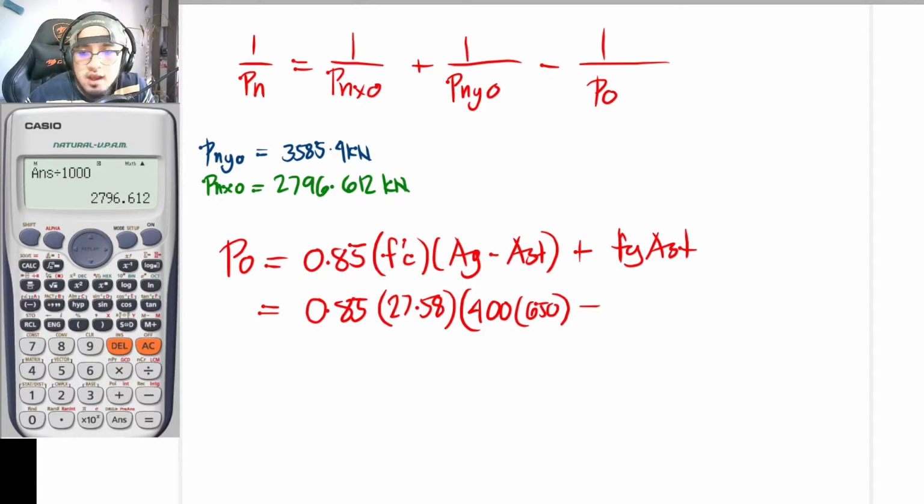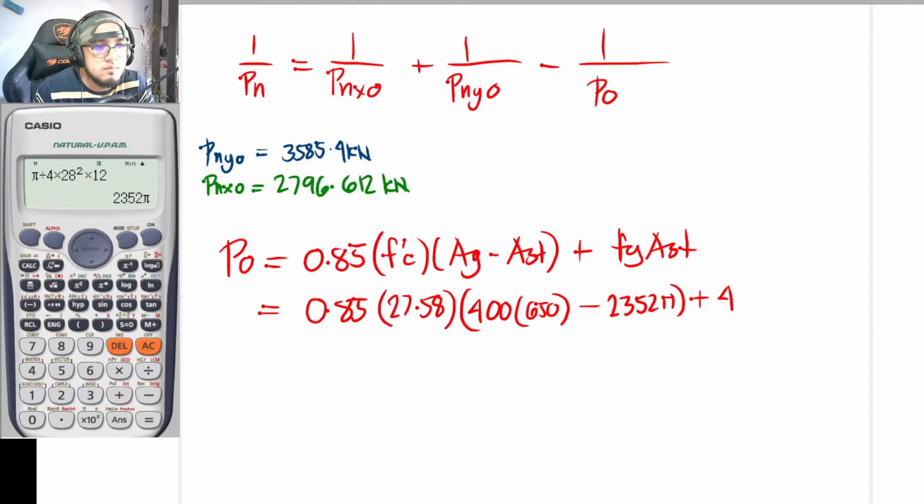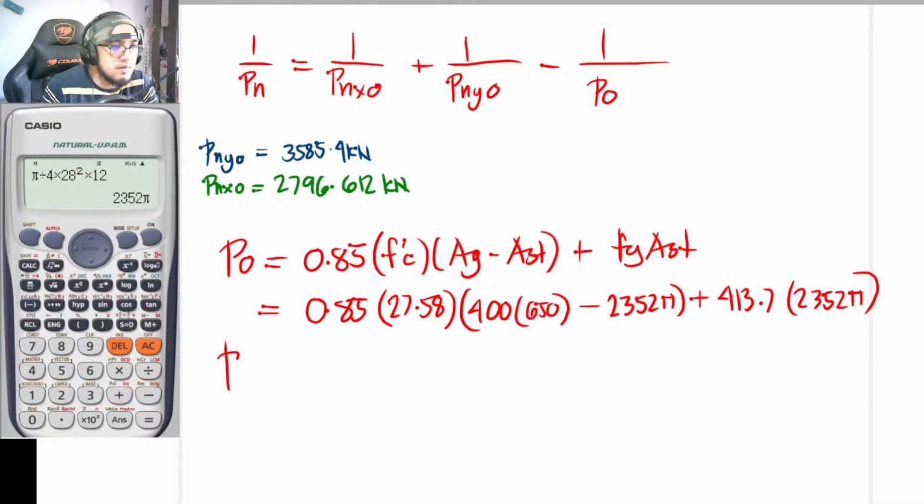Teka, solve ko na nga lang. So yung AST natin is to be pi over 4 times 28 squared times 12. So ito yung, kasi 12 pieces ng rebars. So 2352 pi. So 2352 pi plus Fy, and our Fy is to be 413.7 times 2352 pi.